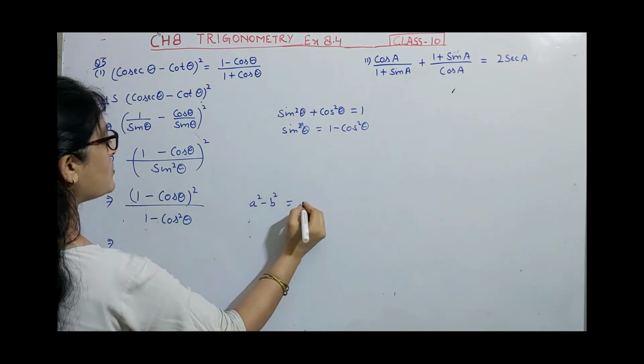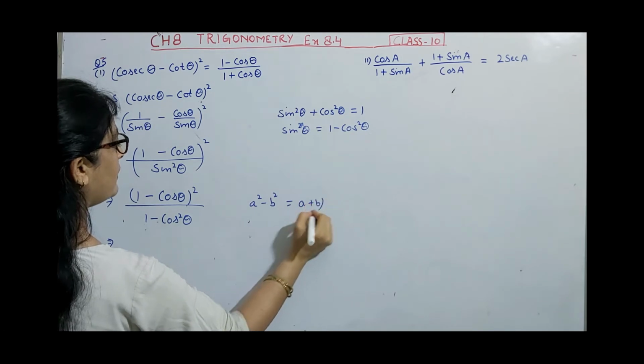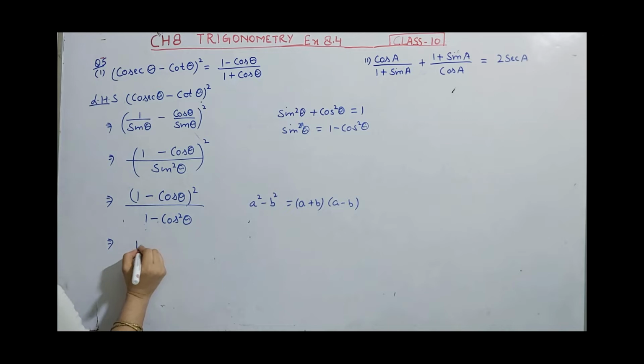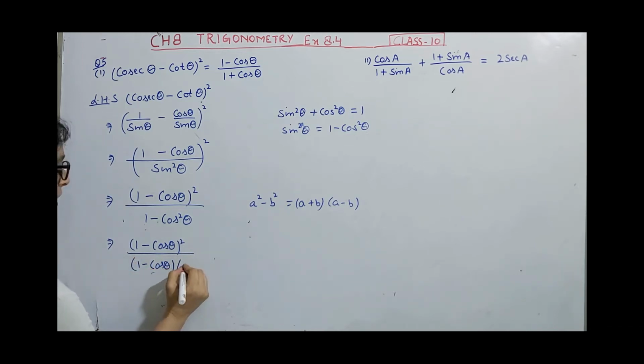A square minus b square is equal to (a plus b) and (a minus b). That becomes 1 minus cos theta and 1 plus cos theta.